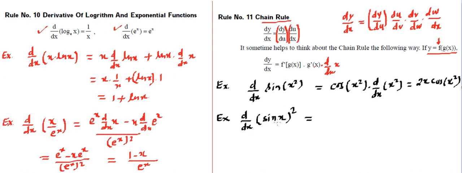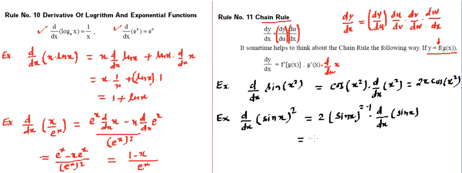So the first operation has to be x raised to power n. So we will treat this inside as a x or some variable, and we will be using the power function or power formula. So 2 power will come outside, and whatever this is, we will keep it as such. And then the power is reduced by 1. So we have applied the power formula. But now inside function is sine x, so we need to multiply with the differentiation of this sine x.